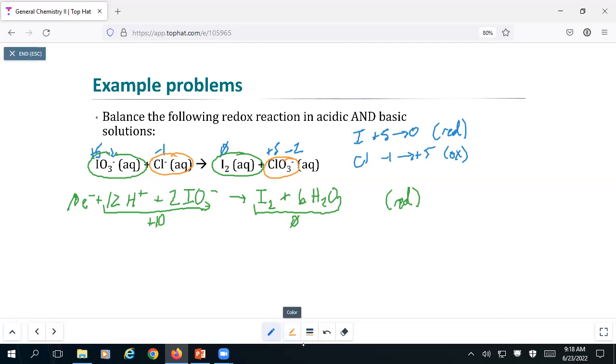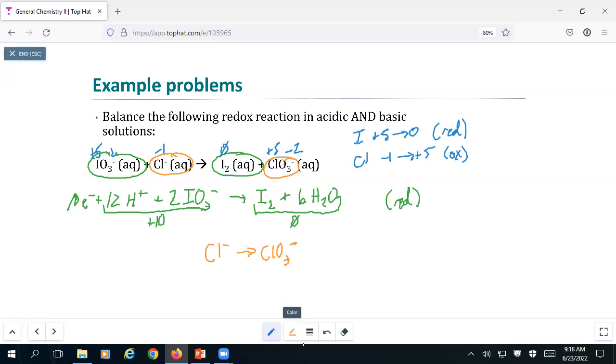Now let's look at the chloride reaction. In the chloride reaction, we've got chloride ion turning into chlorate. So starting from the top, I've got 1 chlorine on each side, so we're good there.